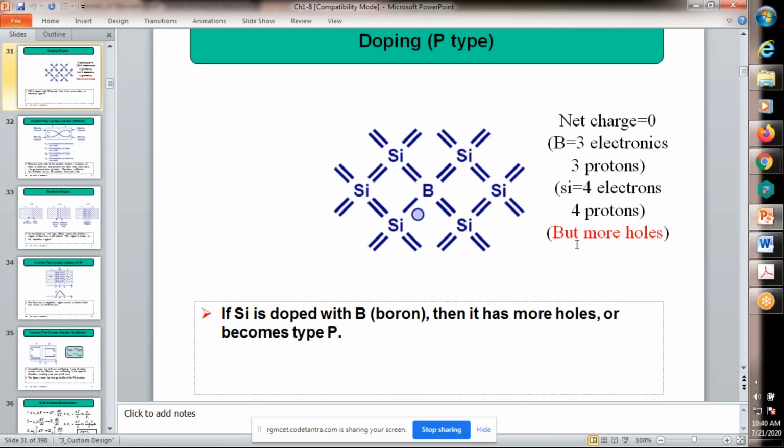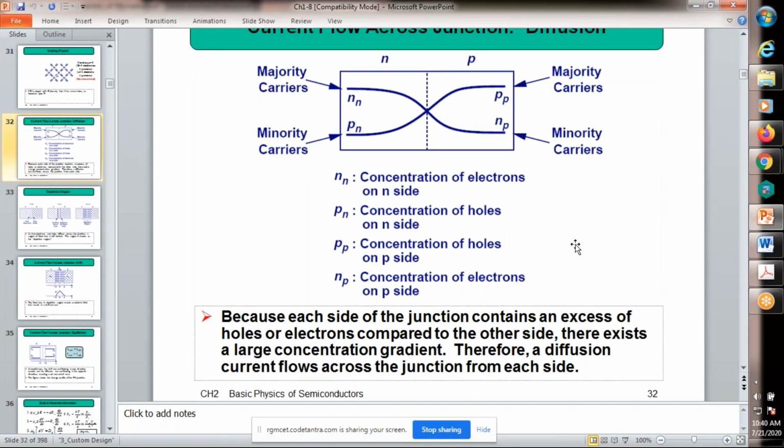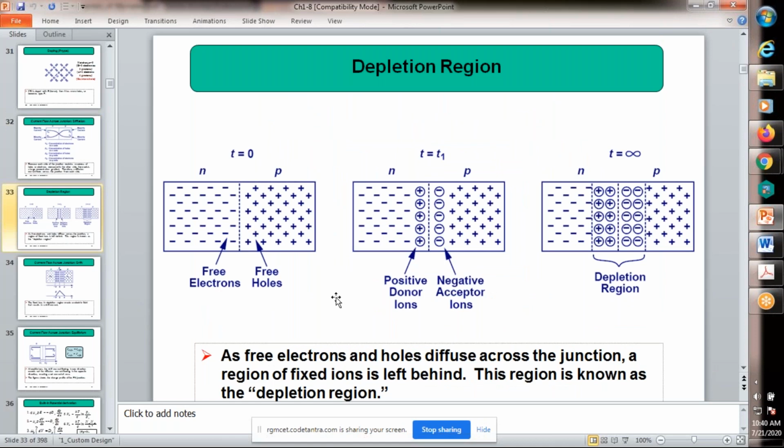And coming to what happens when a junction is formed, observe here how the depletion region is formed. This is an N type, this is a P type. Here each minus sign indicates, let us assume, one phosphorus atom.